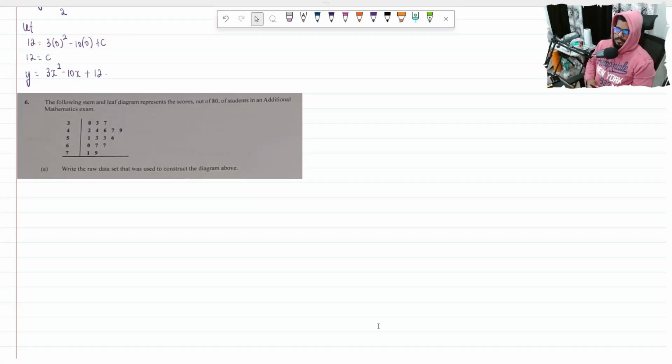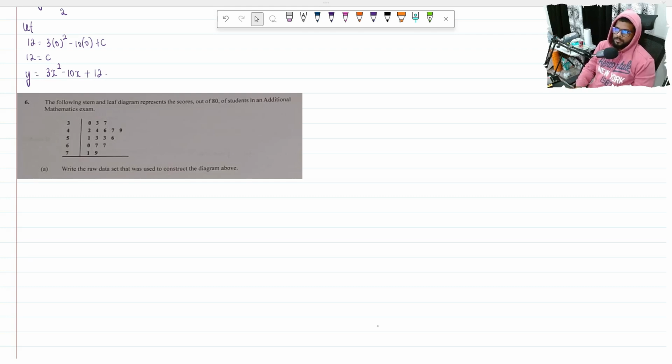All right, number 6. The following stem and leaf diagram represents the scores out of 80 of students in an additional mathematics exam. Write the raw data set that was used to construct the diagram. They should have given us a key, a legend.